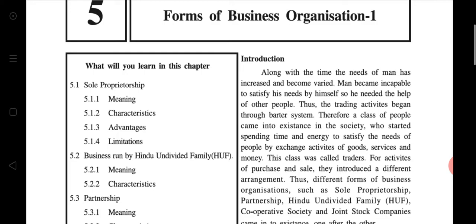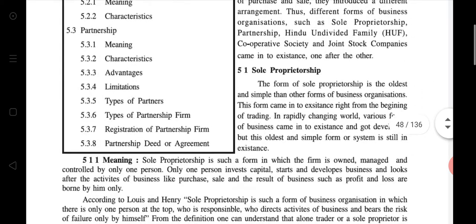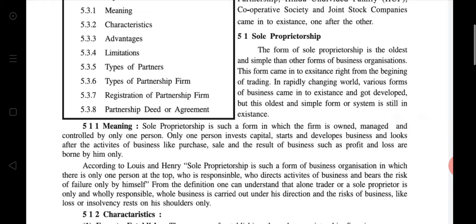Okay, so start. In the first topic we did the meaning. So what is the meaning of sole proprietorship? Sole proprietorship is such a form in which the firm is owned, managed and controlled by only one person.